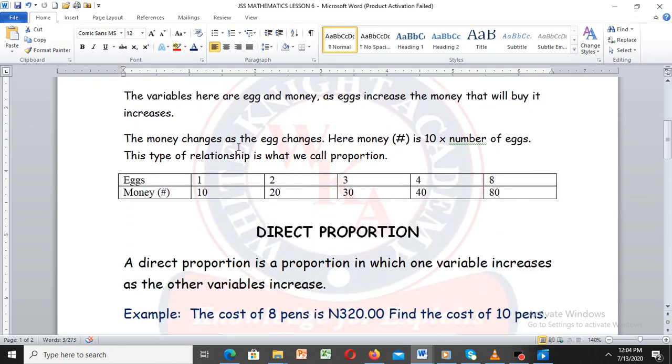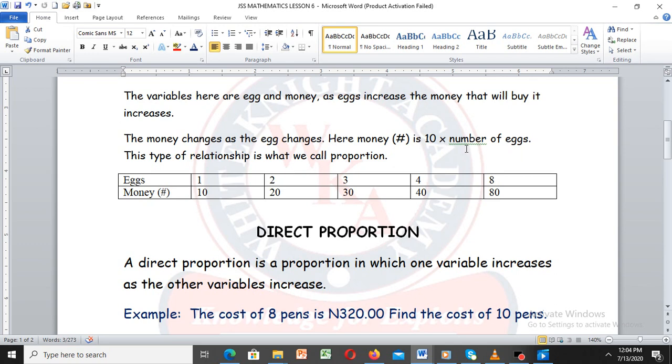So, the money changes as the egg changes. Here, the money, which is in naira, is 10 times the number of eggs. Even if the eggs are 100, it will be 10 times 100, which will give us 1000.